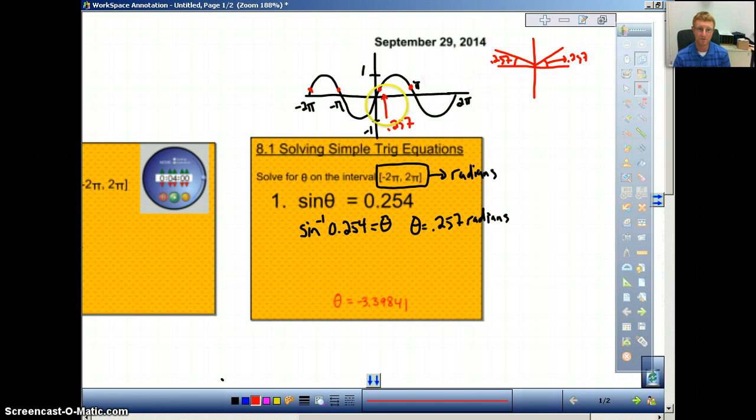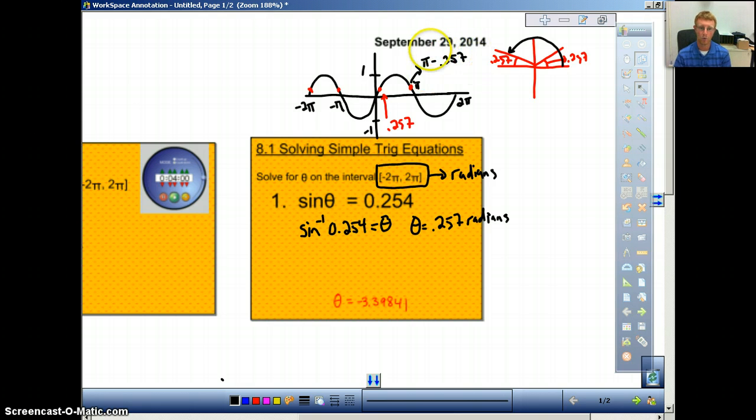So to figure out what the actual radians are there, you have to remember how radians work. We've got to figure out what it would be all the way until this line. Well, that is figured out by simply doing pi minus 0.257. So our second point, this right here, would be pi minus 0.257.